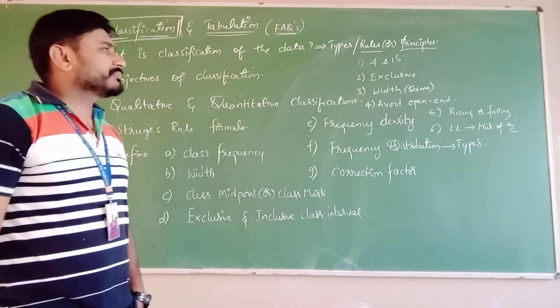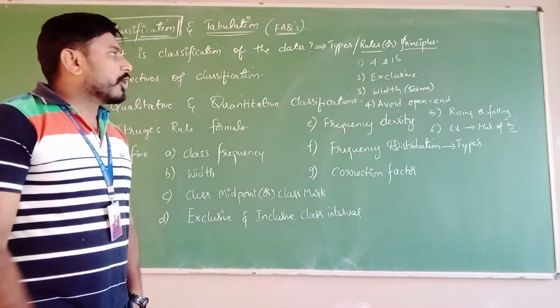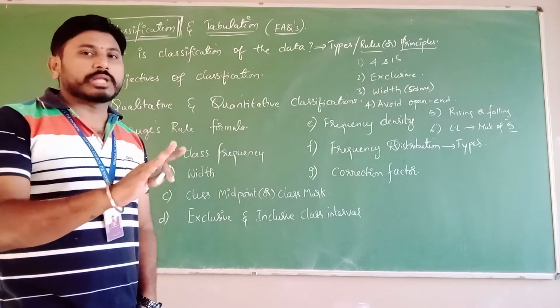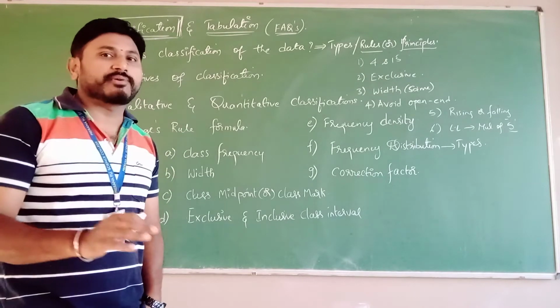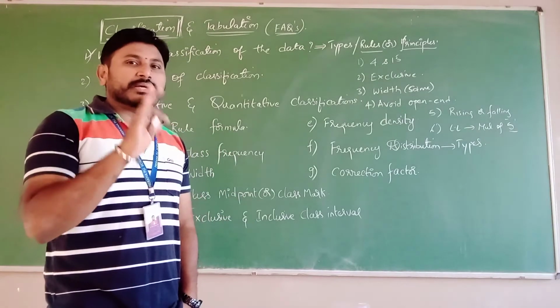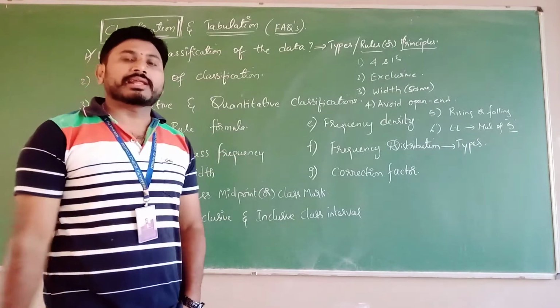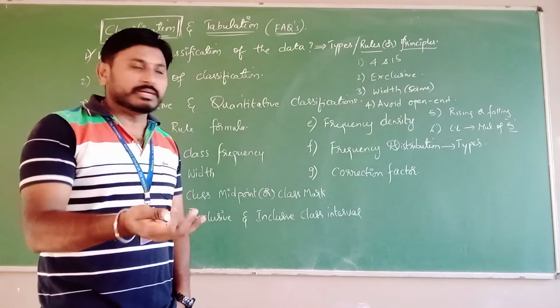Rule number 1: the number of classes must be between 4 and 15. Always prefer exclusive type of class intervals rather than inclusive type. Next, the width of the intervals must be kept constant throughout the data. Avoid open-end class intervals because they don't have any limits.